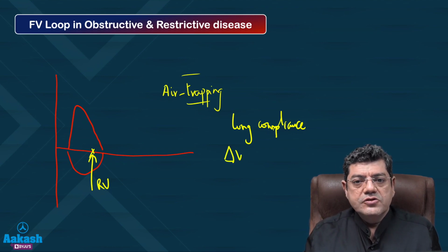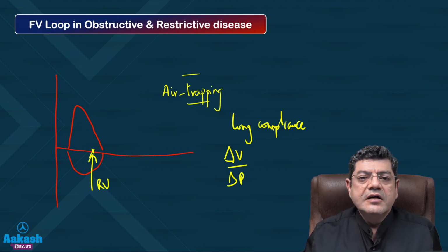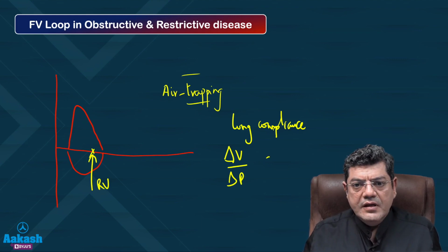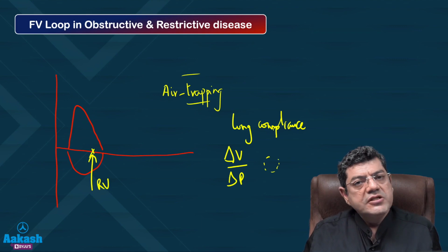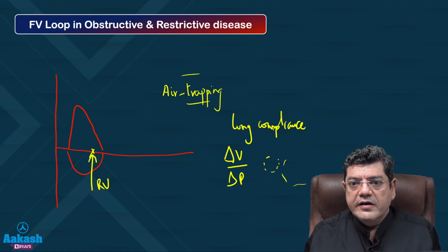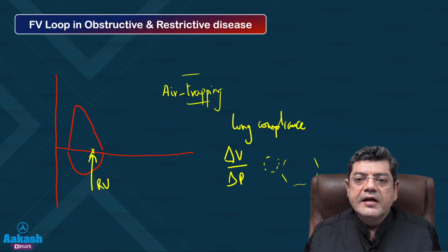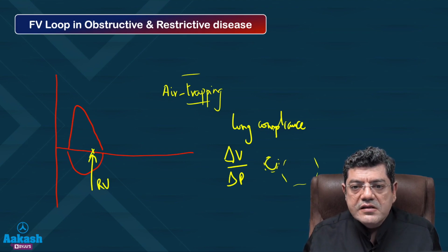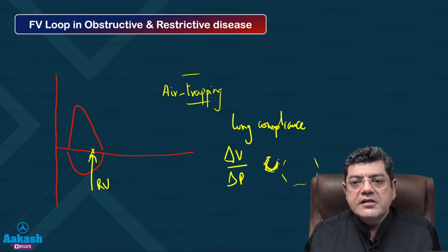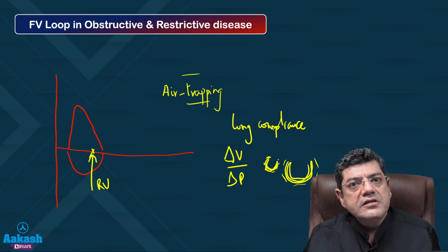Lung compliance is unit change in lung volume per unit change in airway pressure. So, when you compare partially deflated or partially inflated alveoli with fully inflated alveoli, what's the difference in the surfactant concentration available per unit surface area in both these conditions, right?